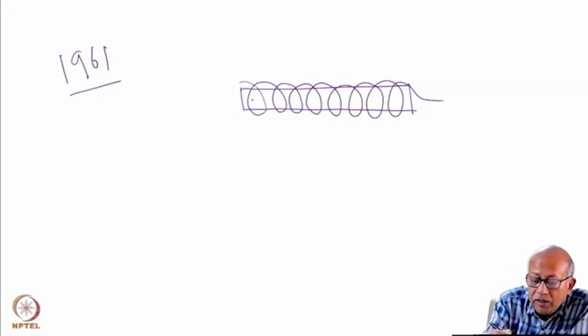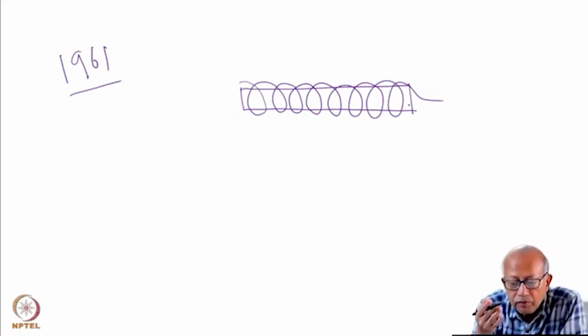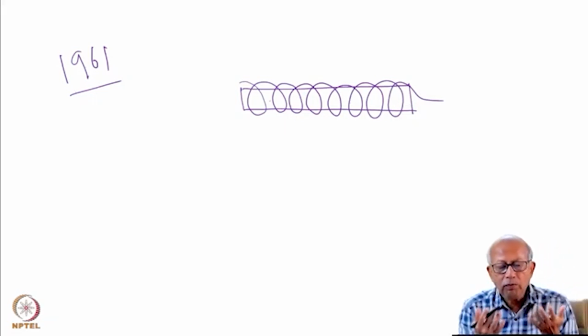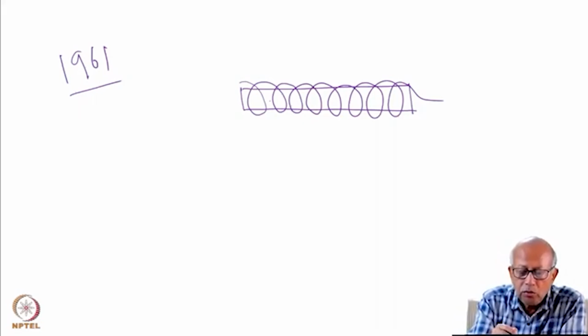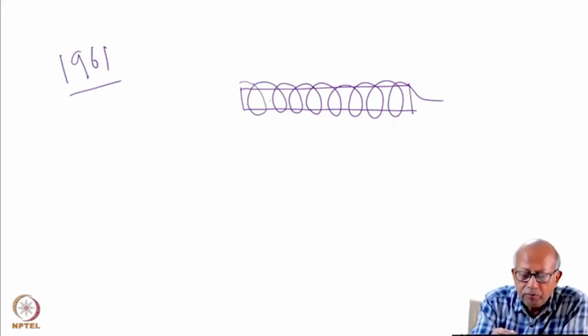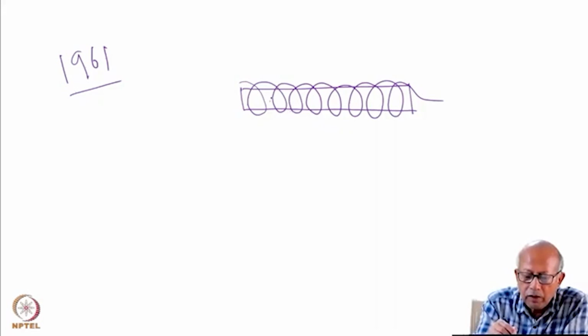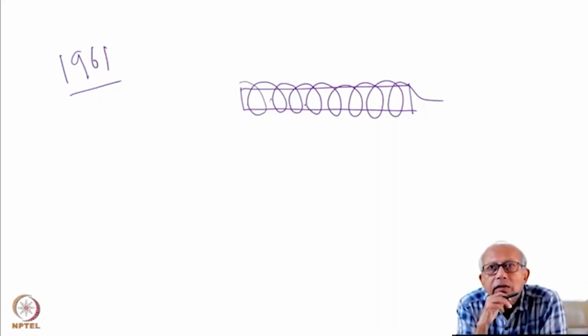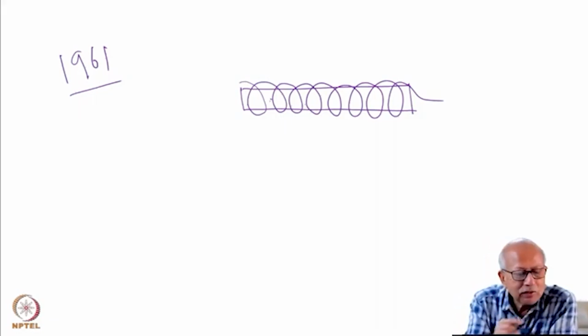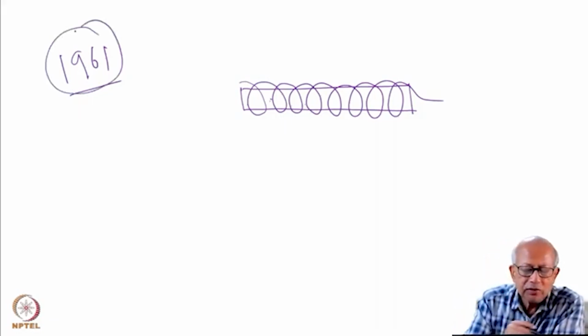A small part of the light emitted by this flash lamp could actually pump the dopant substance that was seated inside this glass. And this was operated in 1961.